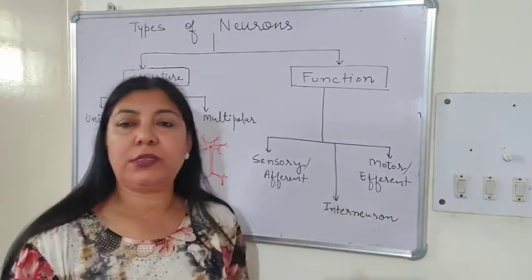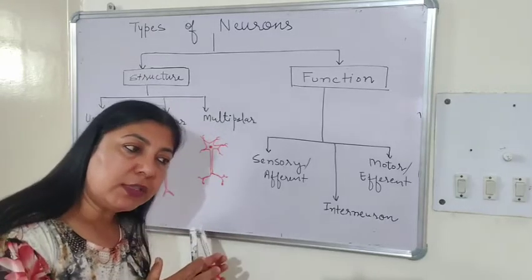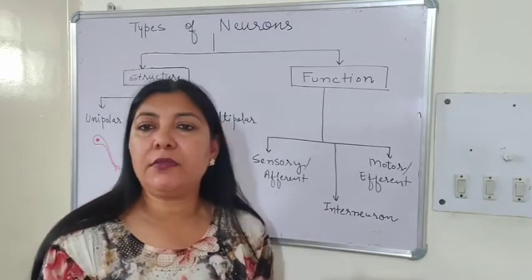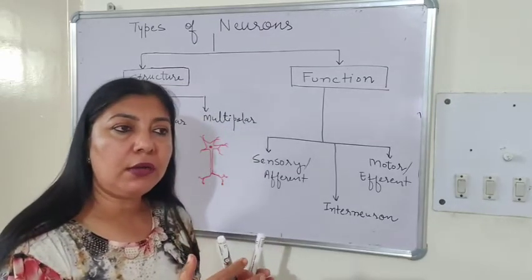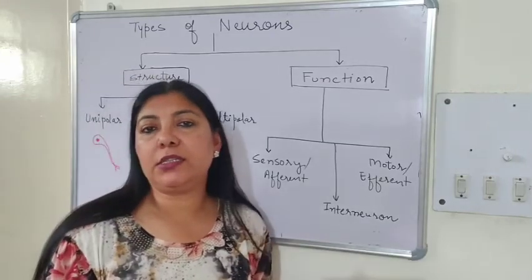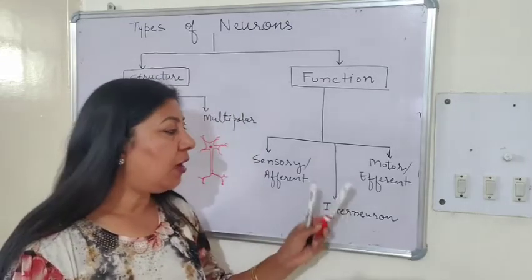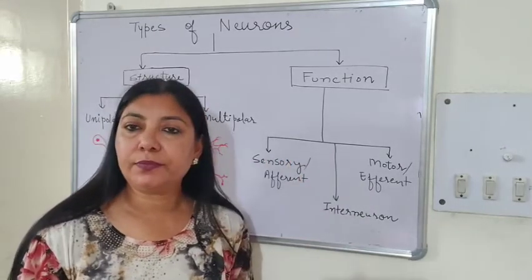Then there are motor neurons. They are opposite. They always move out of the central nervous system, that is, from brain or spinal cord towards either the muscles or the glands. So they are also called efferent nerve fibers or efferent neurons.